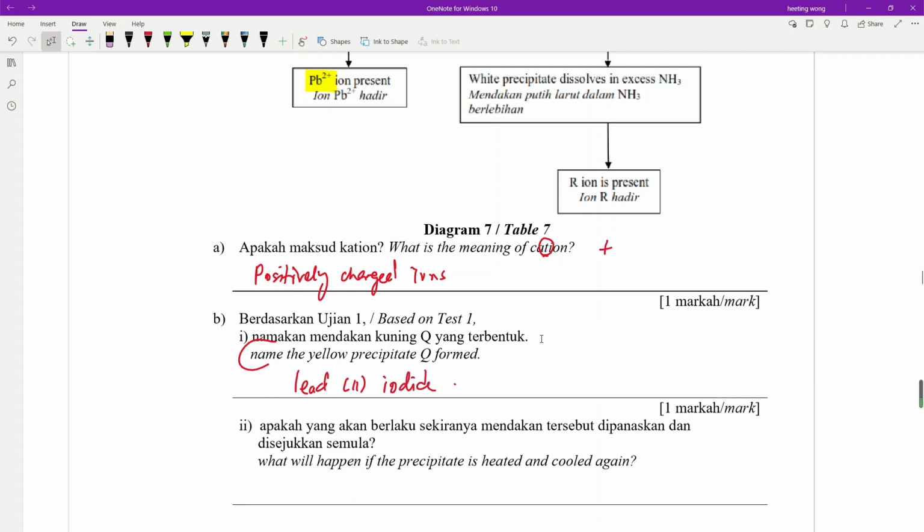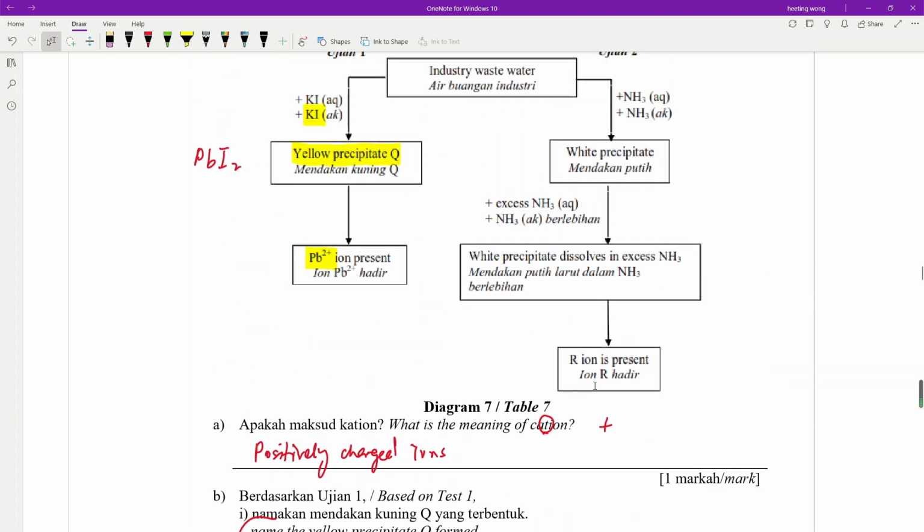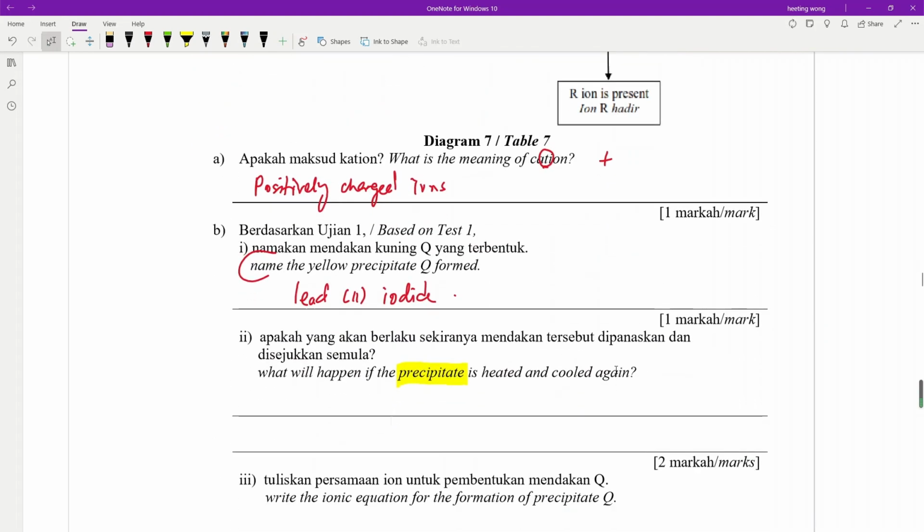Now what will happen if the precipitate is heated and cooled again? Here you have to be careful. The precipitate is heated and cooled again. So meaning that here the precipitate is in the liquid or solution form.